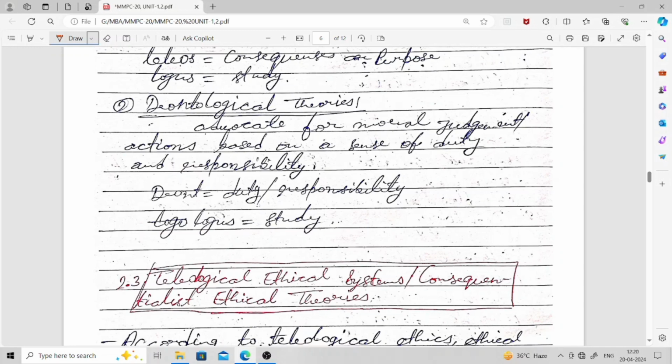If it is our duty to do something, that decides it is right, and if something is our duty and we are not doing it, then that is wrong. So deontological theories are based on duty and responsibility. That's why here deont means duty, and logos means study.